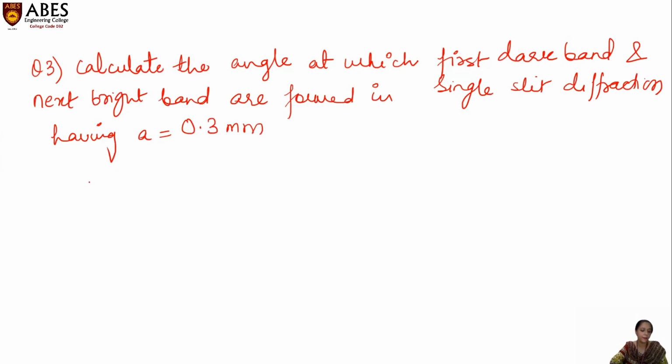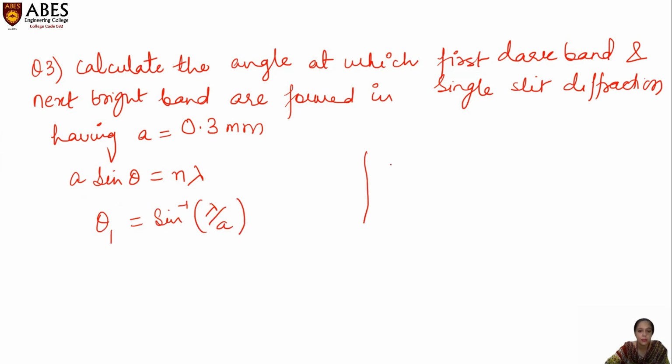So again, we have to calculate θ1 and θ2. For single slit again a sin θ = nλ. So θ1 for n = 1 will be sin inverse λ/a, and sin θ2 is equal to 2λ/a. So θ2 will be sin inverse 2λ/a.